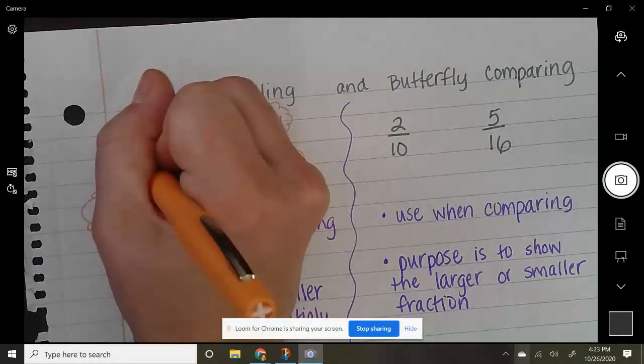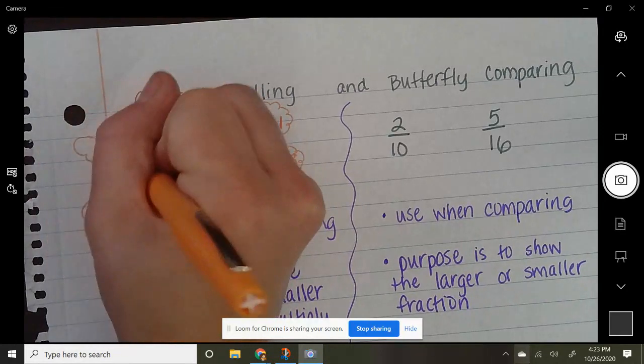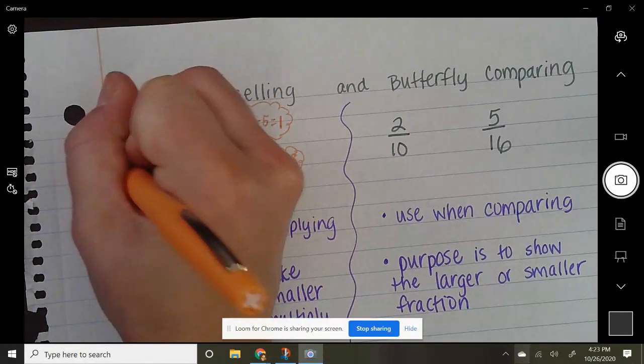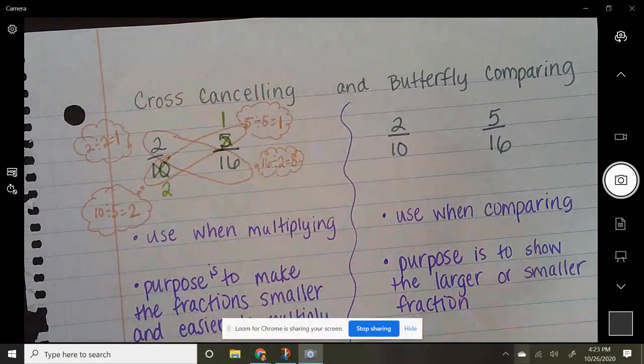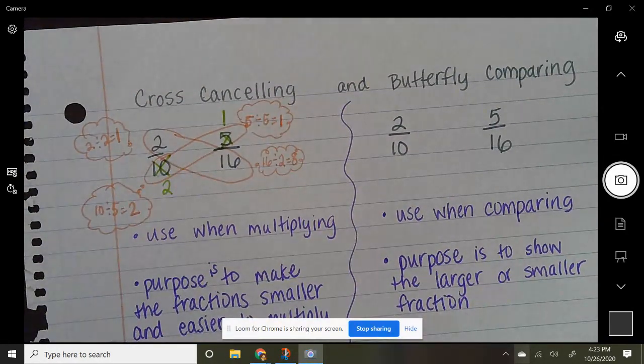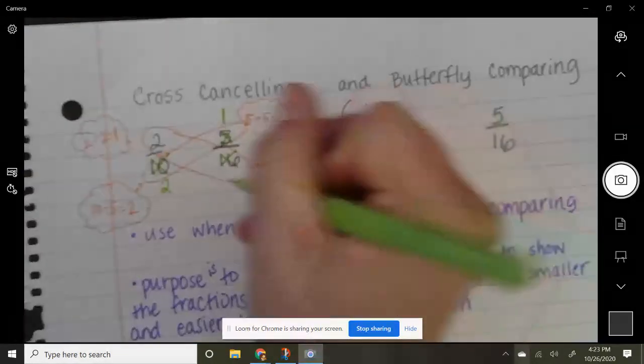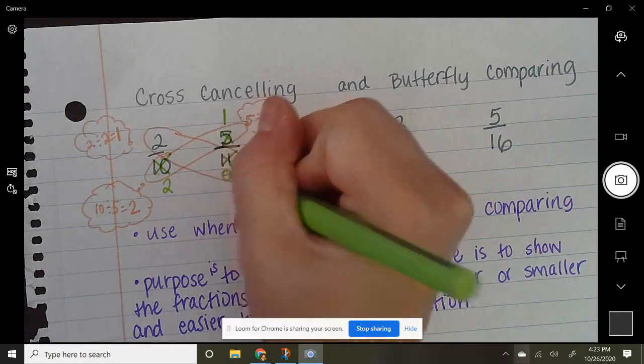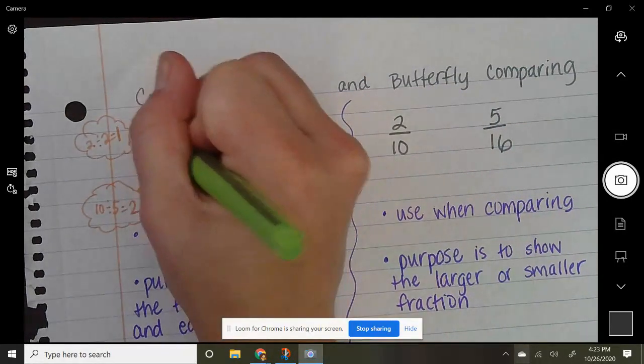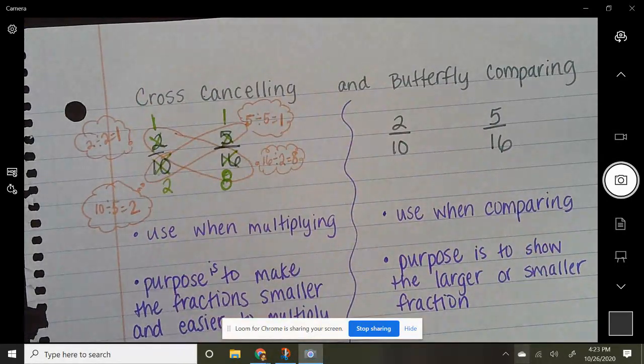And I'm thinking over here, 2 divided by 2 equals 1. So when I cross those out, I get an 8. And here I get a 1. So this makes my fractions smaller, so I don't have to reduce in the end.